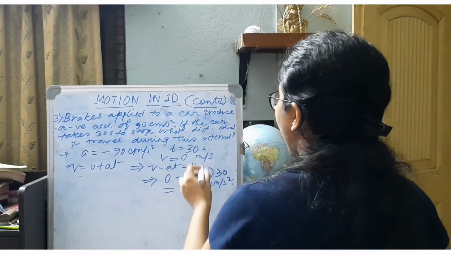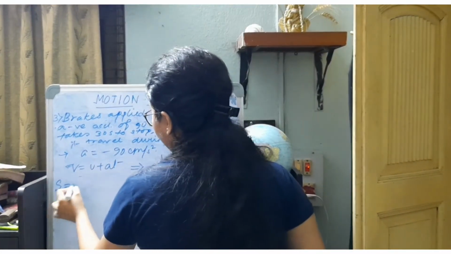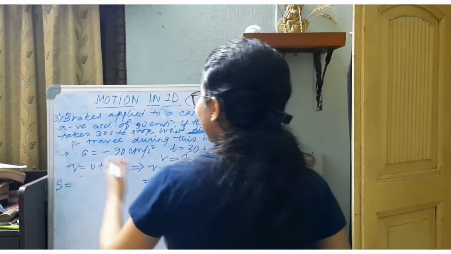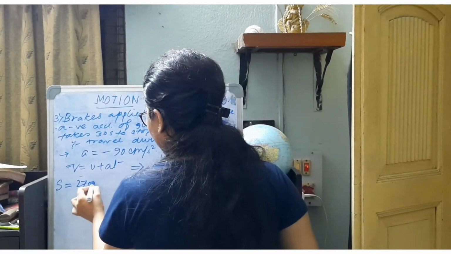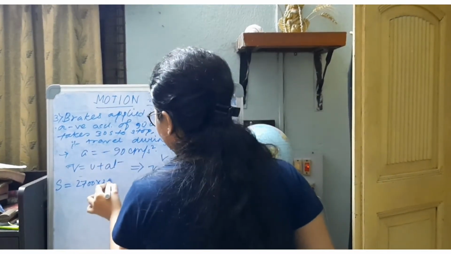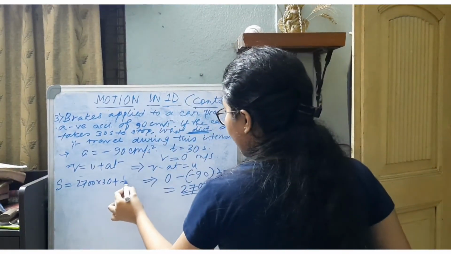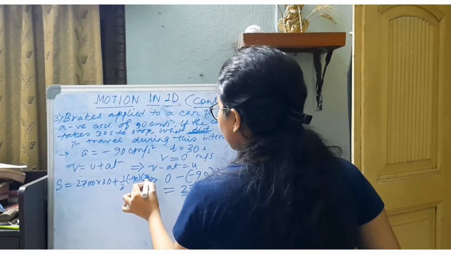Now it has been asked that what is the distance travelled during this particular time period. So as soon as I found out the value of u, I can directly use ut plus half of at square. So ut is 2700 into time period is 30 seconds plus half of at square means a is minus 90, t square is 30 square.